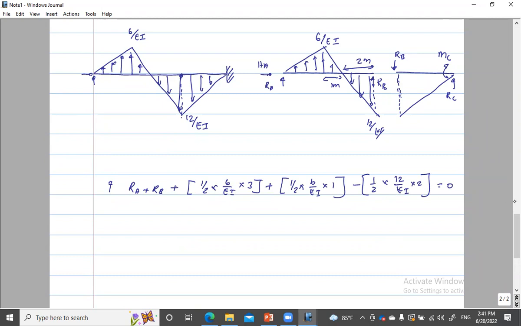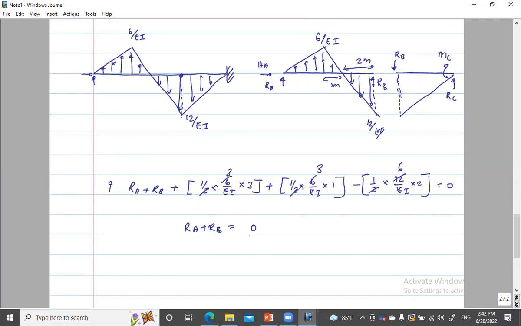So RA plus RB is equal to, this is 9, this is 3, 12. So 9 plus 3 is 12, and here minus 12 is 0.